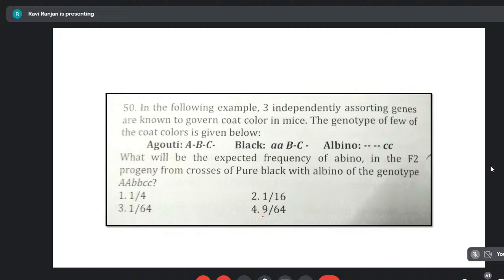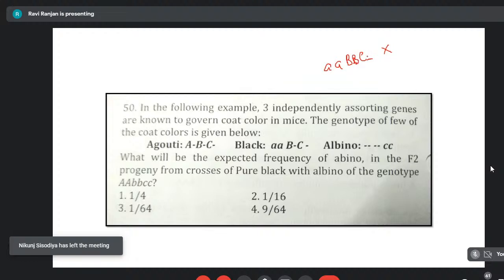In the following example, three independently assorting genes are known to govern coat color in mice. The genotypes of a few coat colors are given below. What is the expected frequency of albino in the F2 progeny when the cross is pure black, AABBCC, with albino?